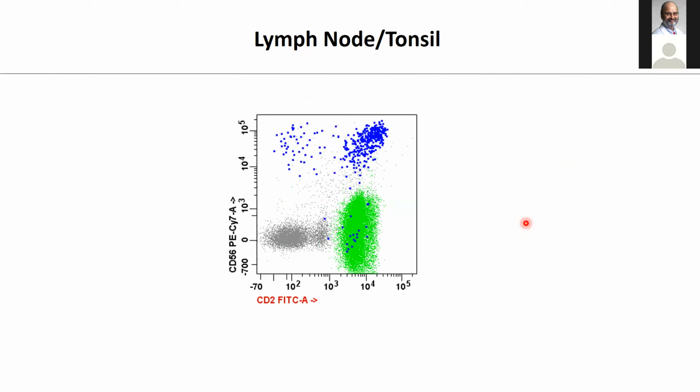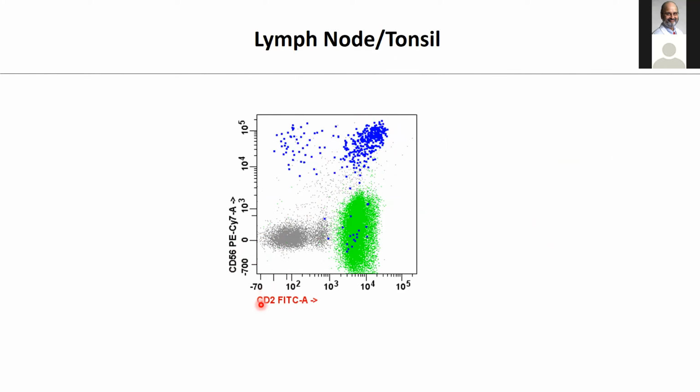Okay, if we go to the lymph node or tonsil, we kind of get the opposite picture. Here you can see that the bulk of your NK cells in the tonsil or lymph node are going to be made up of those CD56 bright positive NK cells. Now I didn't have a CD16 to look at in combination with the CD56 on any lymph nodes, so I couldn't show you that that's what these cells were.